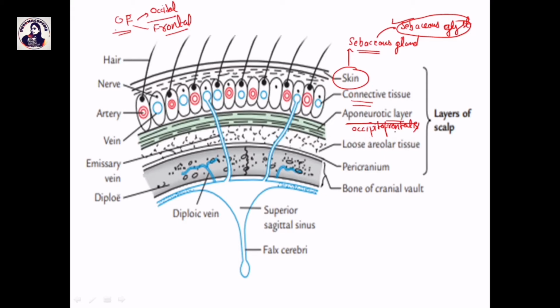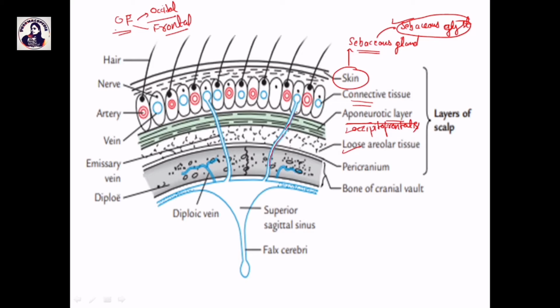And so this epicranial aponeurotic layer is formed by the occipitofrontalis muscle, and the fourth layer is formed by the loose areolar tissue. It is of great significance because it is traversed by the emissary vein. You can see over here, this is the emissary vein.